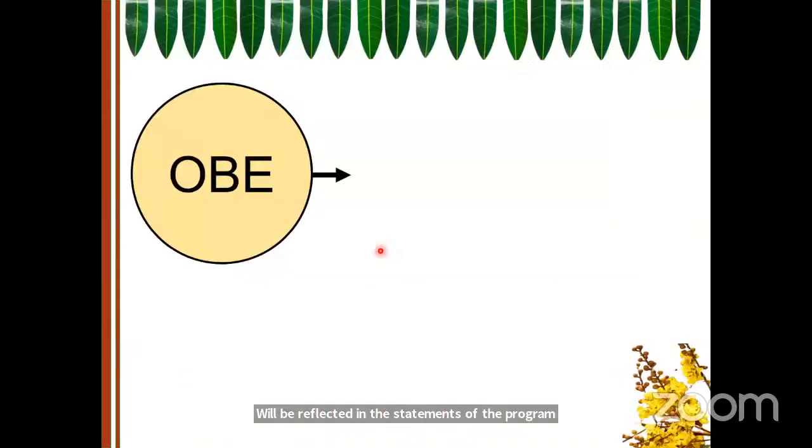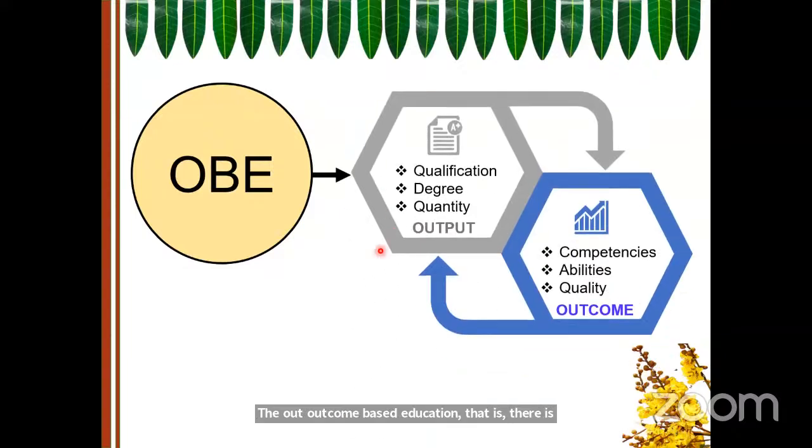All these performance indicators and competencies that the students will learn will be reflected in the statements of the program outcome. So with this, what we can understand is that outcome-based education is actually outcome-based learning. If you are talking about the output, generally it can be a qualification as a degree and a quantity of knowledge that the learner gets. Apart from that, see this diagram, they are both interlinked, the outcome and the output.